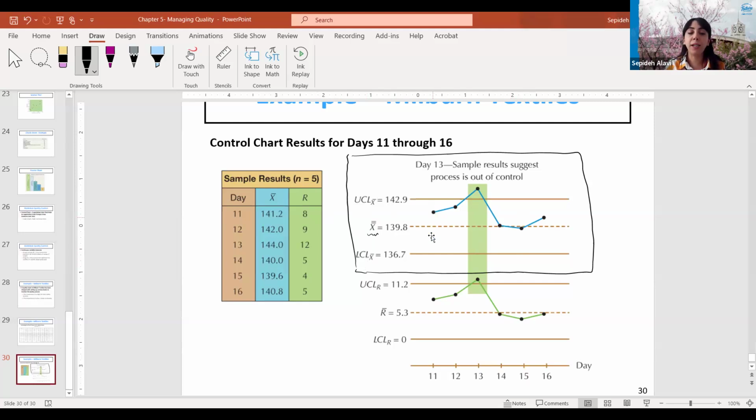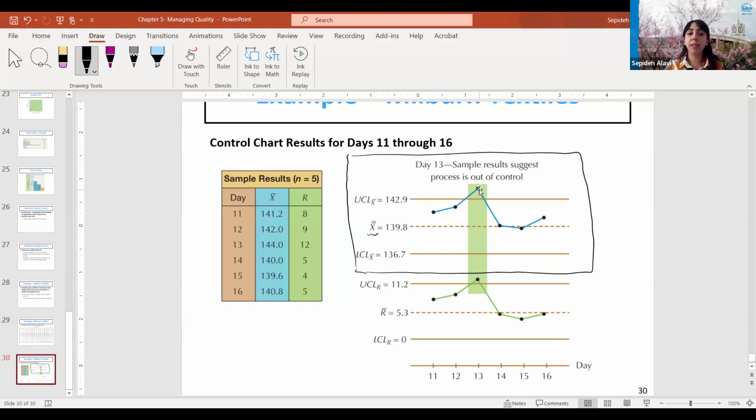When they have that chart, they can start controlling and monitoring the process for the future days. For example, for day 11, X bar falls within the control limit. The same for day 12. So these are the points related to the X bars for days 11 and 12.